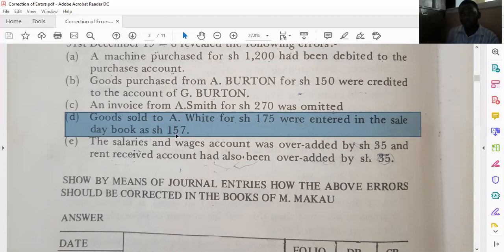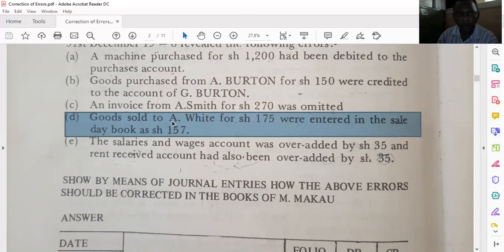To correct for this, we need to add the deficit. The deficit here is 175 minus 157, which is 18 shillings. So we posted less by 18 shillings, and we need to add the 18 shillings. When we sold goods to A White for 175, we ought to have credited sales account and debited A White account with 175.